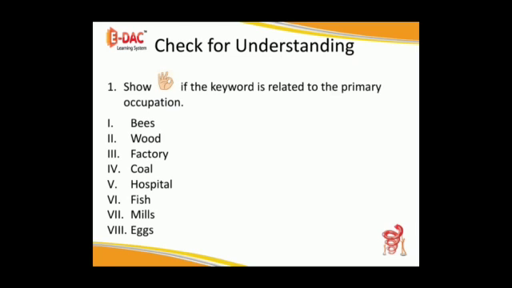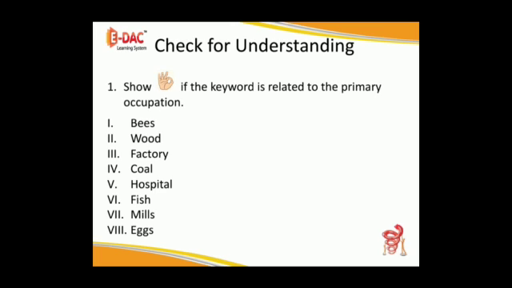Check for understanding. Show this symbol if the keyword is related to primary occupation. First one, bees. Second one, wood. Third one, factory. Fourth one, coal. Fifth one, hospital. Sixth one, fish.